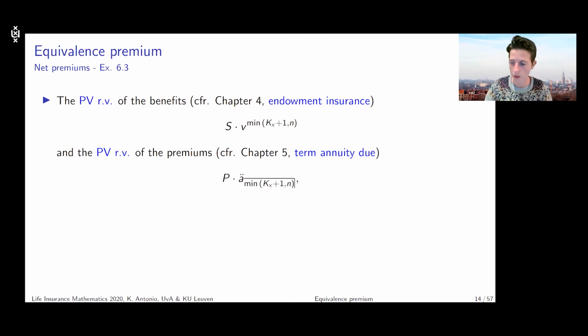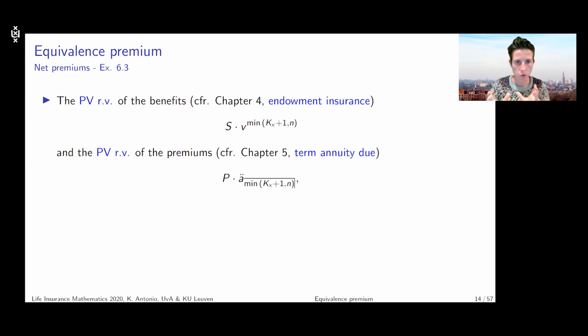So its present value random variable is this annuity certain, of which the duration is stochastic, and the stochastic duration is the minimum of Kx plus 1 and n. Again, this is nothing new. This is what we learned in chapter 5 for the term annuity due.